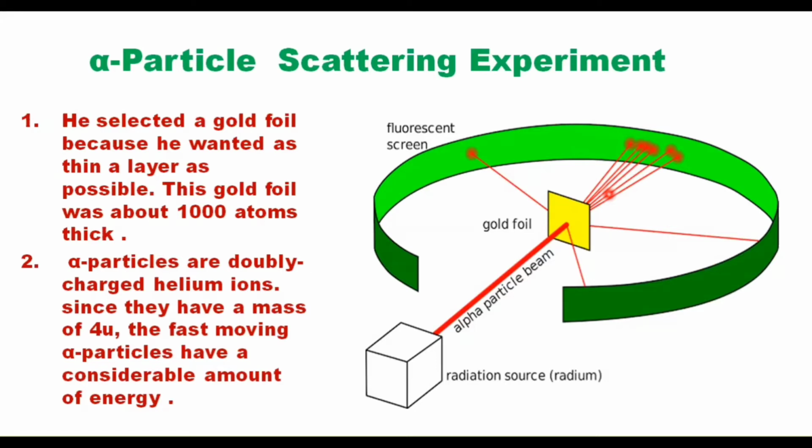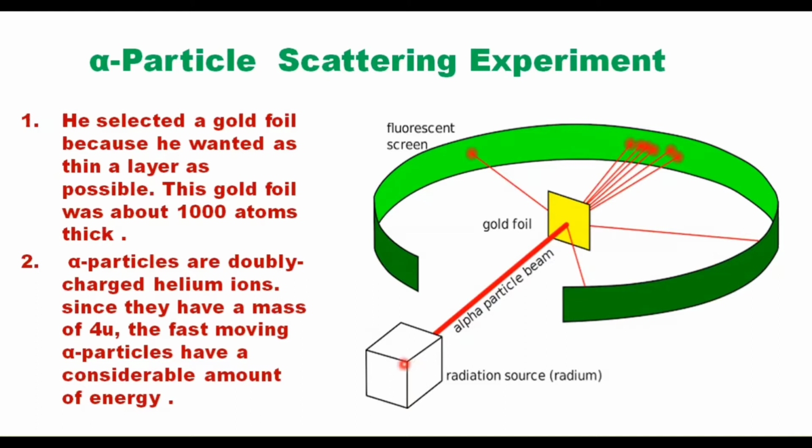So Rutherford directed high energy streams of alpha particles, that means a beam of alpha particles, from a radioactive source. This is the source of those alpha particles, and this box is made up of lead, and inside this box only the source of radiation, that means from where the alpha particles will be allowed to come, is placed.